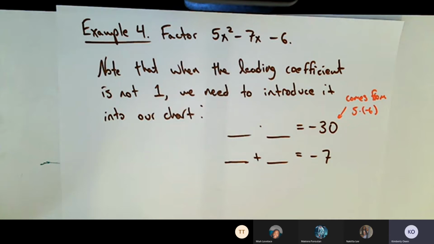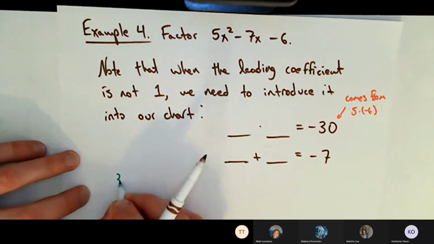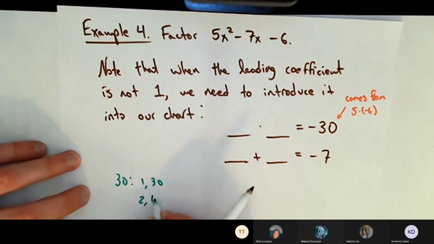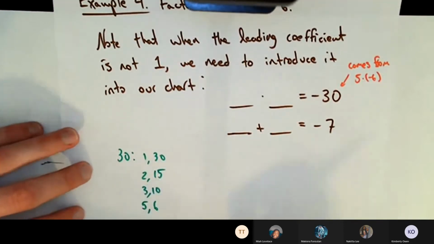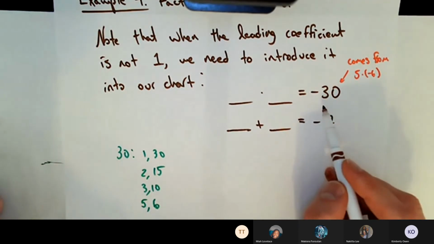Okay, here's one way we can try to narrow this down. Let's write some factors of 30. We could say 1 and 30, 2 and 15, 3 and 10, 5 and 6, and I believe that's it. And now one of them is going to end up being negative.